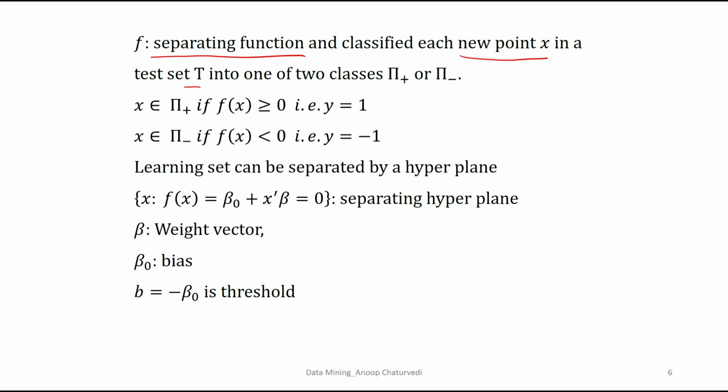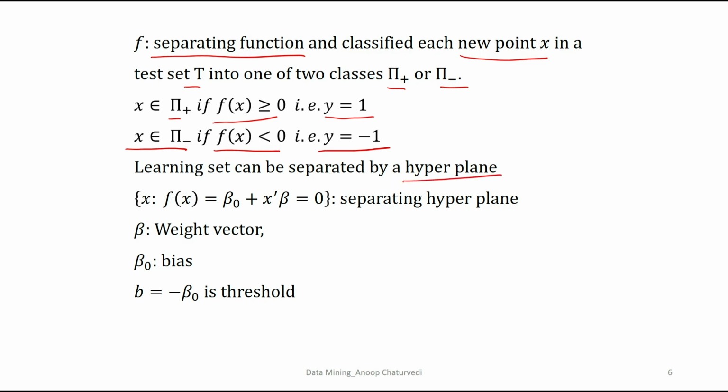Say we denote the two classes by pi plus and pi minus, and we classify that new observation x into pi plus if f(x) is greater than or equal to 0, that is y is equal to 1, and we classify x as coming from pi minus if f(x) is less than 0, that is y is equal to -1. Now, suppose the learning set can be separated by a hyperplane.